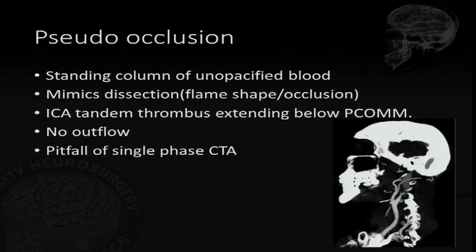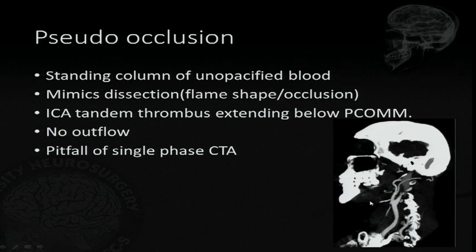So every time you have a clot that is occluding proximal to the ophthalmic artery, you're going to have this standing column of blood because there's no outflow. There's nowhere for that blood to go. Because your ICA is full of blood, the contrast will not go up on a single phase CTA. If you did a delay exam, then you may see that contrast starting to go up.